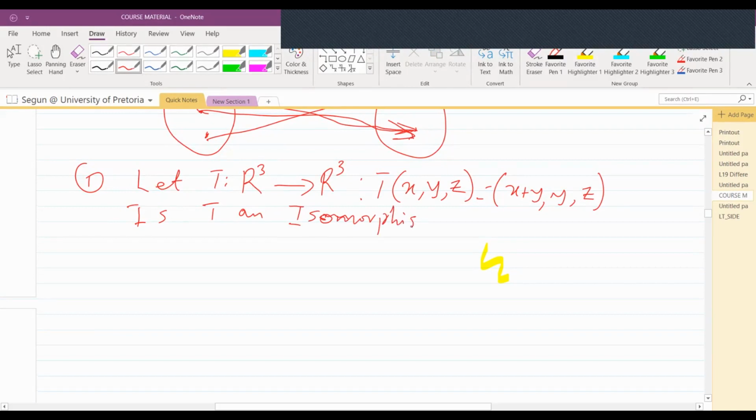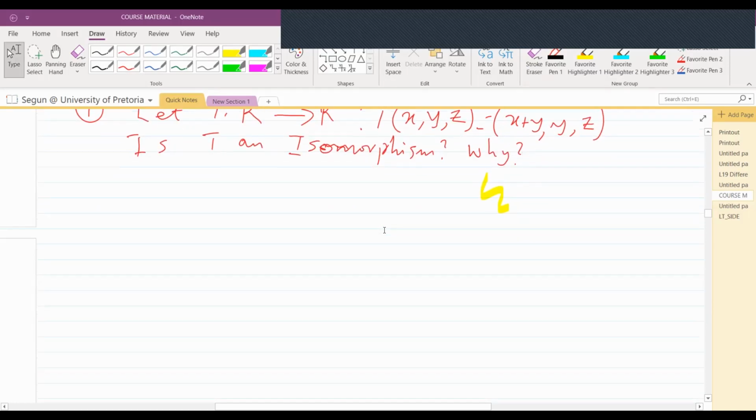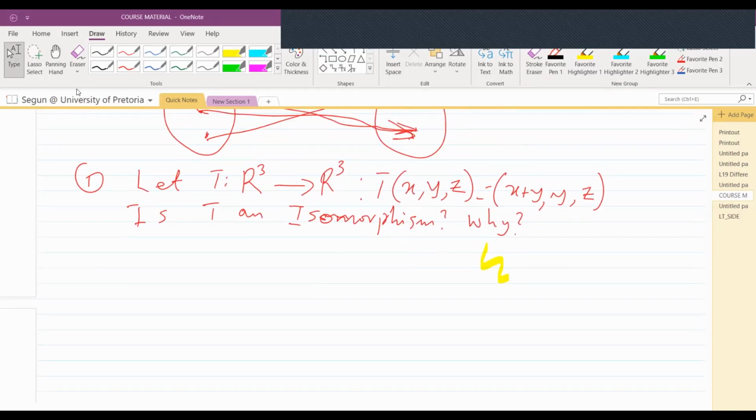Is T an isomorphism? Then why? If it is isomorphism, you have to tell us. If not, whether you know it or not, you still have to tell us whether it's isomorphism.